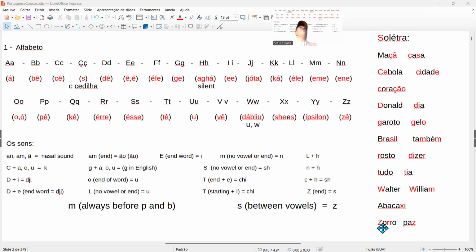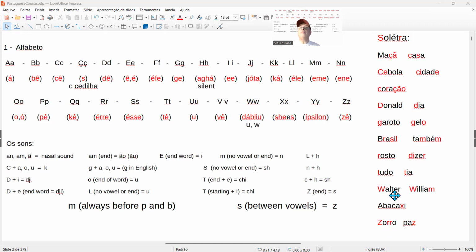How about this one? This is known all over the world, right? Z-O, zo. At the end of a word it sounds like S, but that's not the case. It's starting the word, so it's the original sound, zo.